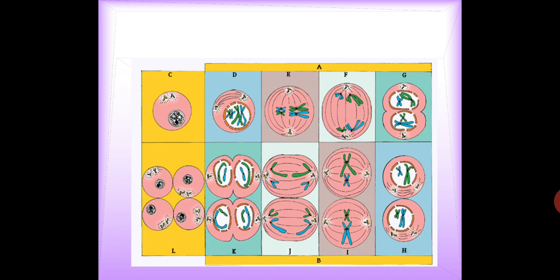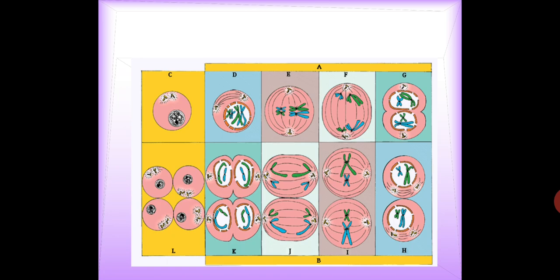This is the overview of all the stages of meiosis 1 and meiosis 2. A diagram is showing stages of meiosis 1. C, prophase 1. D, prophase completed. D is metaphase.